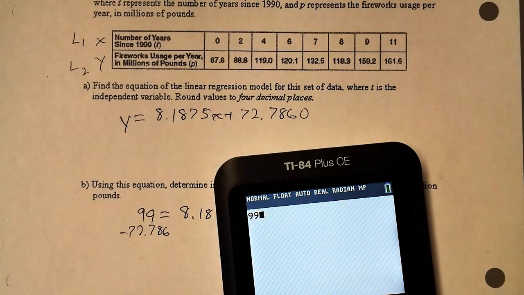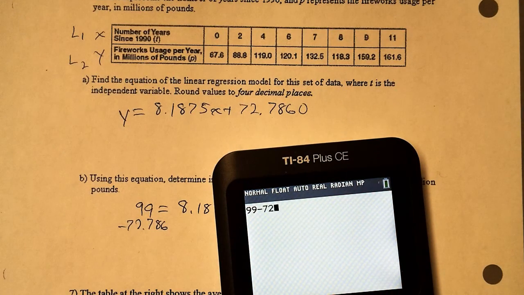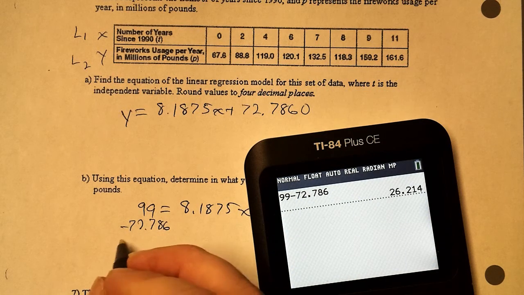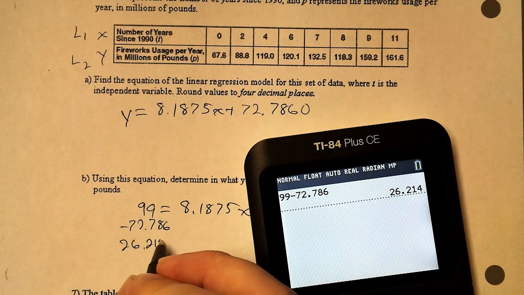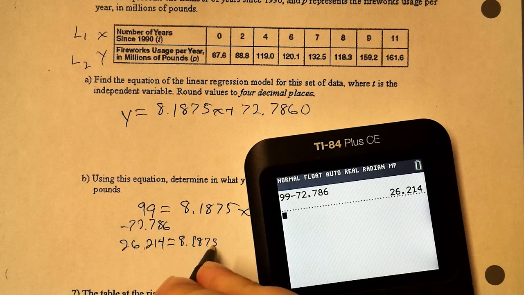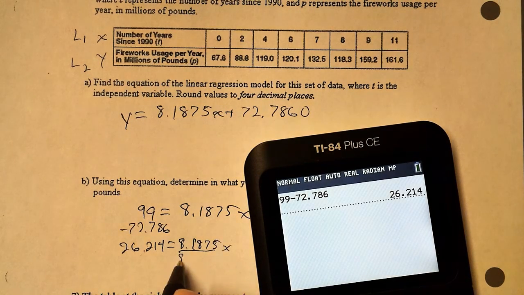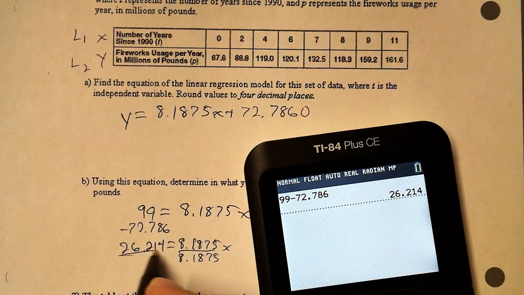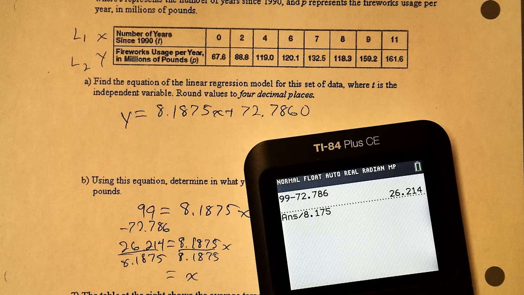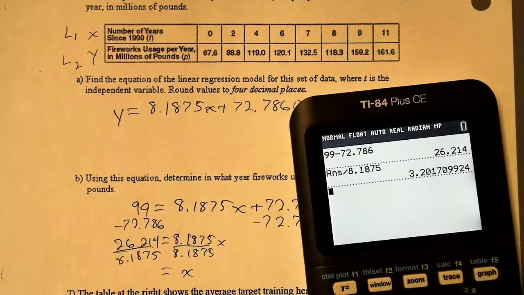So 99 minus 72.786 is 26.214, which should equal 8.1875x, and then divide by this value. And we get our x value to equal 3.201.